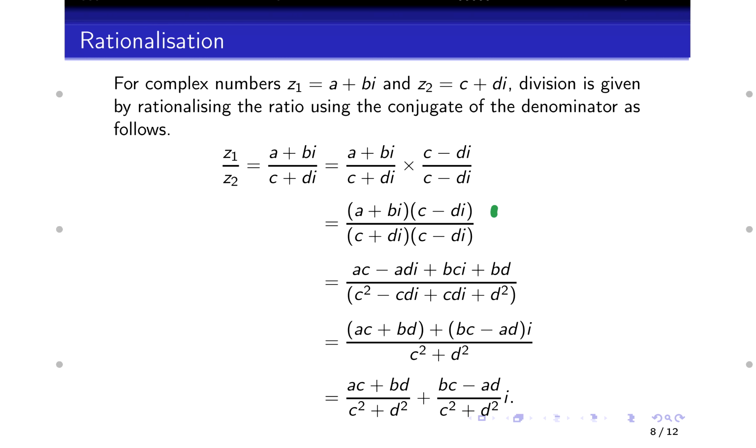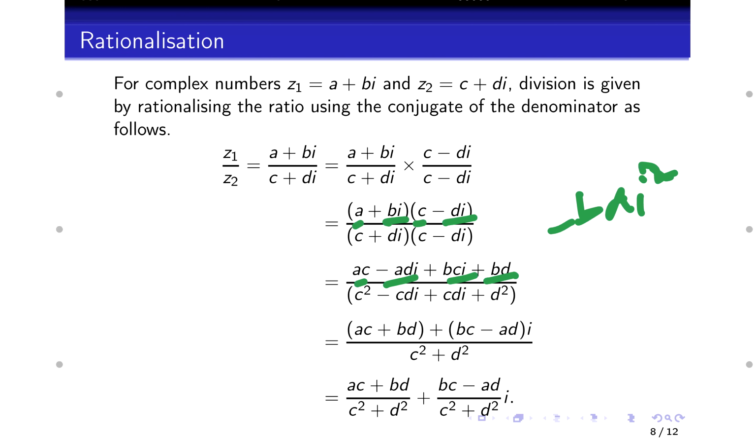So again, let's go. a times c, ac. a times minus di, that's minus adi. bi times c is bci. bi times minus di, that's minus bdi squared. And i squared is minus 1, as usual.